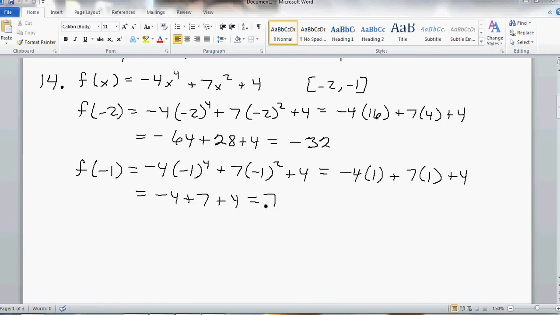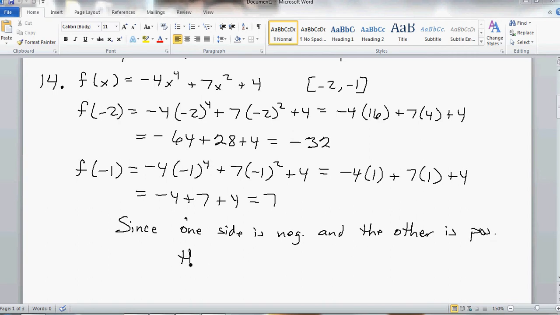So basically, since one side is negative and the other is positive, there is a 0 between these two.